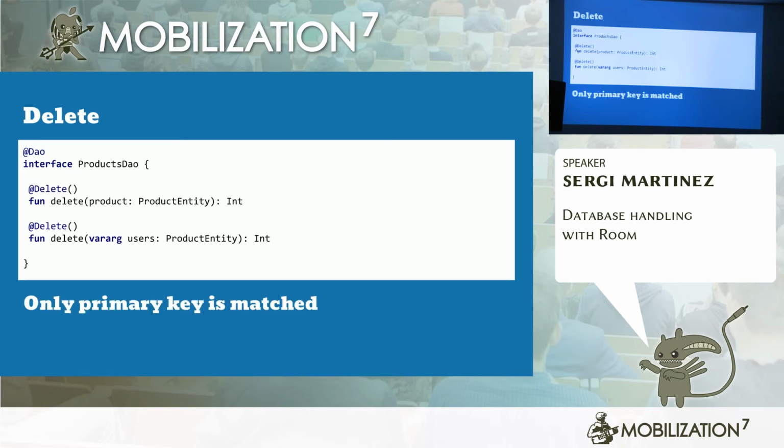Delete, exactly the same. We can use several. Keep in mind that for delete, it will only read the primary key. So if you have a product and you say delete this product, and your product object has one name and the one in the database has another name, Room will not check these fields. It will only look for the object with this primary key and delete it.